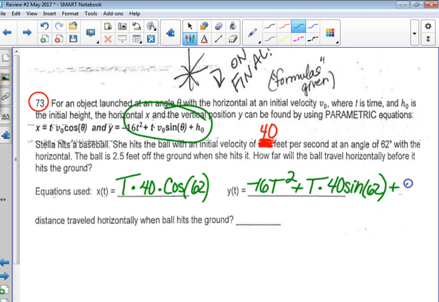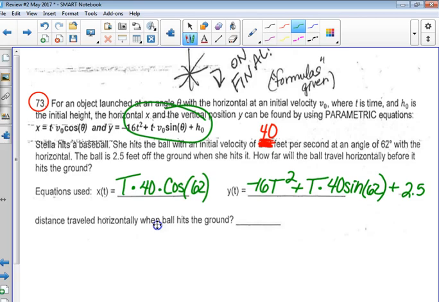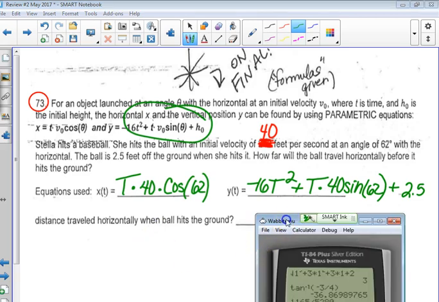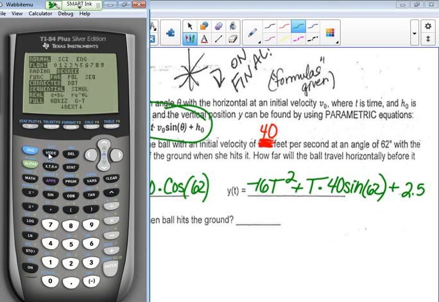Plus, this one does have an initial height, right? 2.5. Okay, what modes do I need my calculator to be in? Modes, plural, yes. Degrees and parametric. Remember to get the T's, parametric.